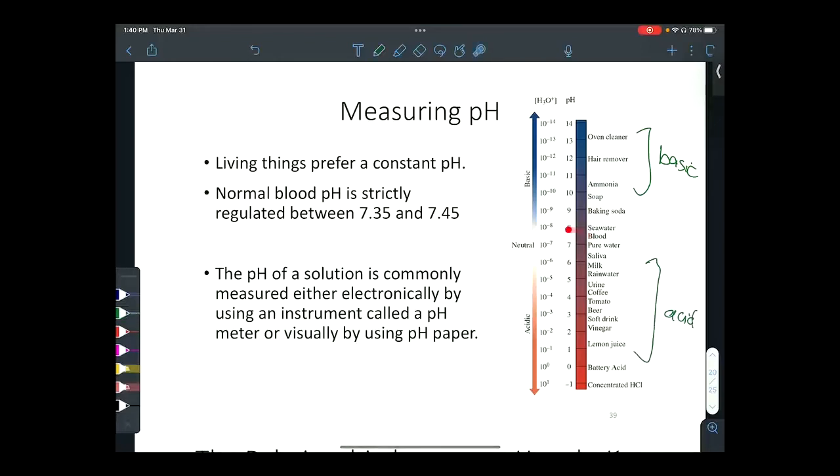Our bodies operate around neutral. We are not at a perfect pH 7. I think physiological pH is like 7.9. I think I just made that up. But it's around 7. It's not perfectly 7, but it's around 7. And you can actually have negative pHs.